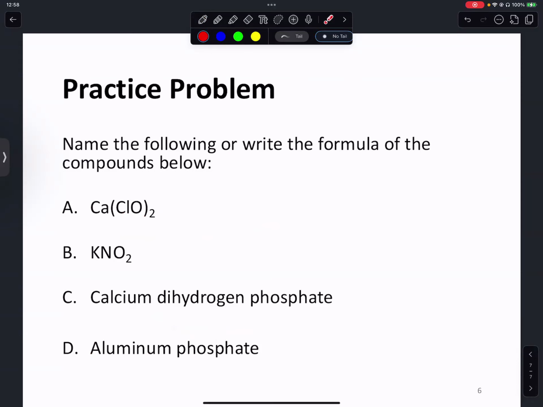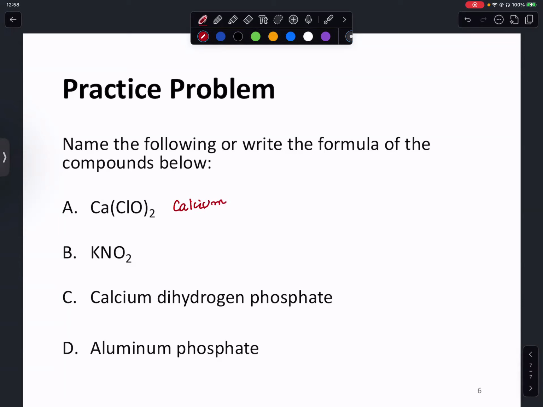Now I want you again to pause your video, and work on these examples with me. I'm going to very quickly show you. So we have Ca(ClO)2. We need to write the names or the formulas. So Ca(ClO)2 means that we have calcium as my cation.